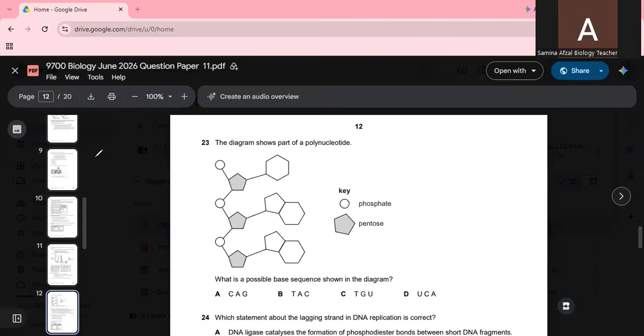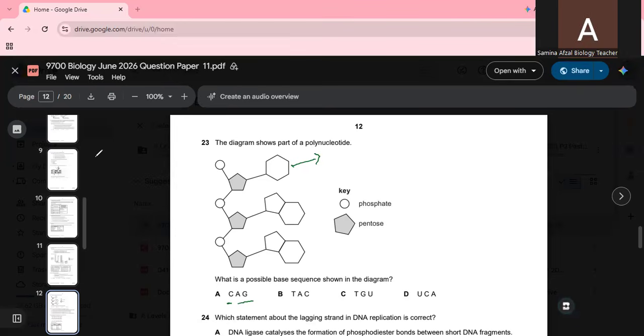Here you can see cytosine, adenine, and guanine, CAG. How? The diagram shows a single polynucleotide strand with 3 nitrogenous bases attached to pentose sugar. The top base consists of a single ring, which is a pyrimidine: cytosine, thymine, or uracil.